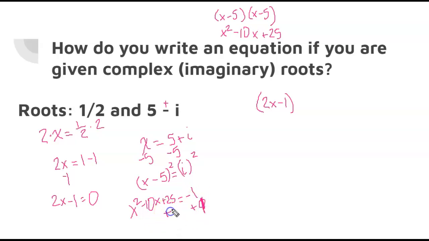I said, I wrote 0. I meant to say 1. So if I add 1 to both sides, I get that this quadratic factor is actually x squared minus 10x plus 26. And so these would be my linear and my quadratic factor for those roots.